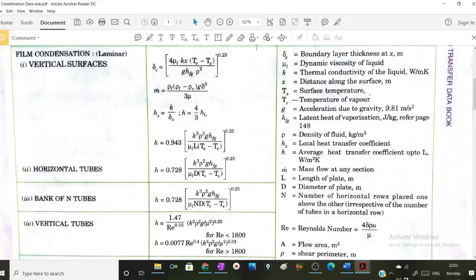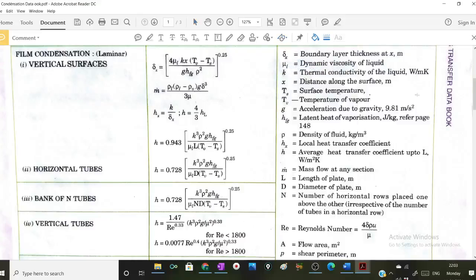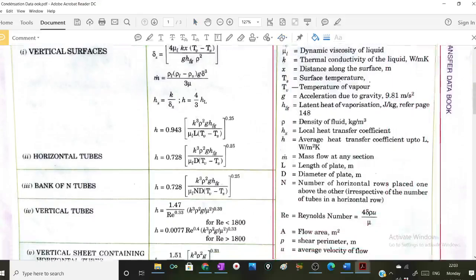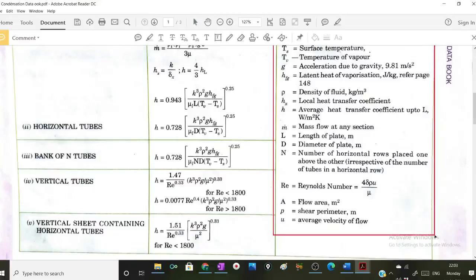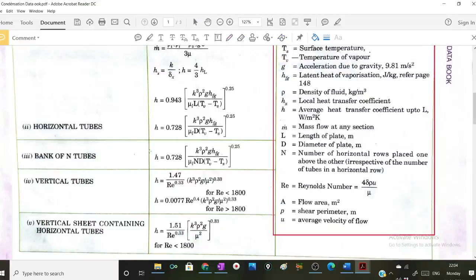Before referring the formula once again, I request you to please refer this notation list and then refer this formula for bank of tubes.